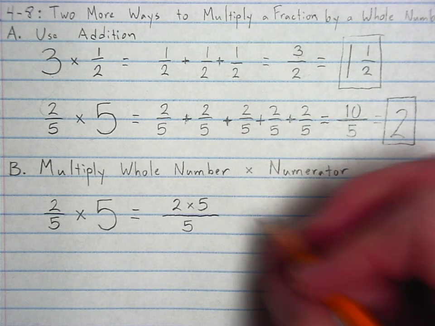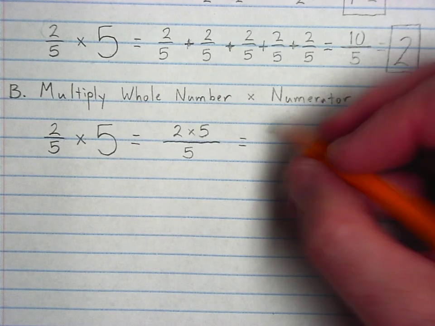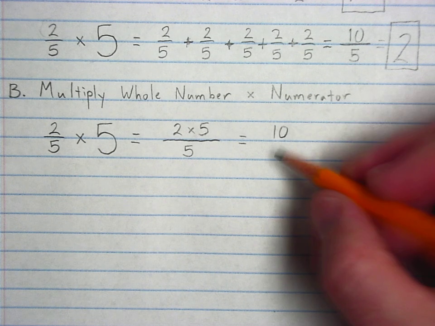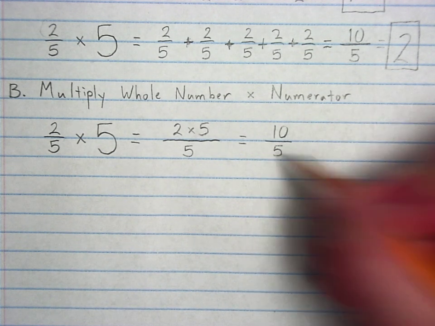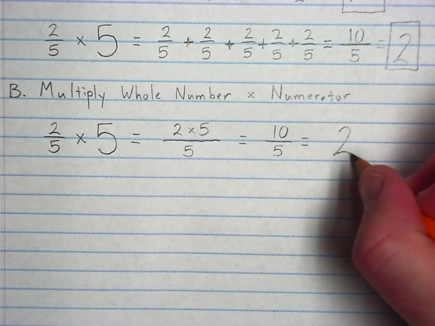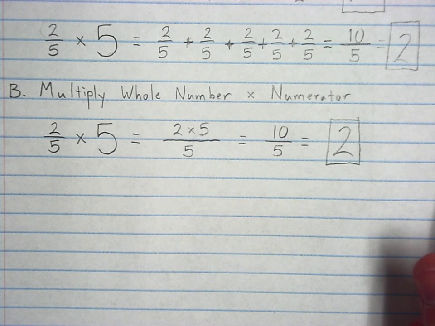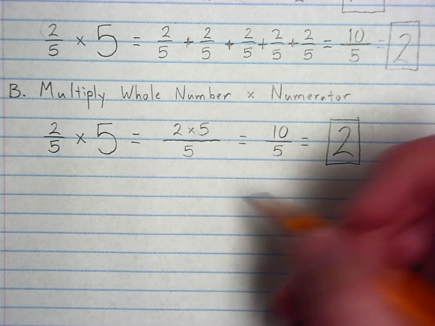We know 2 times 5 is equal to 10. And just like before, that's going to give us 2. Okay. Now you want to be very careful.